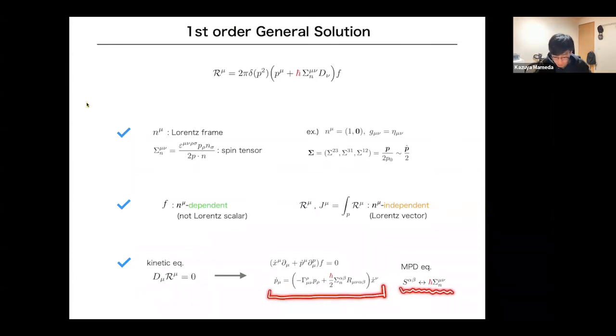In the early part of my talk, I was talking about the MPD equation in the classical theory. In this case, we are talking about semi-classical kinetic theory of the chiral fermion. Namely, we reproduce the MPD equation from the quantum field theory.